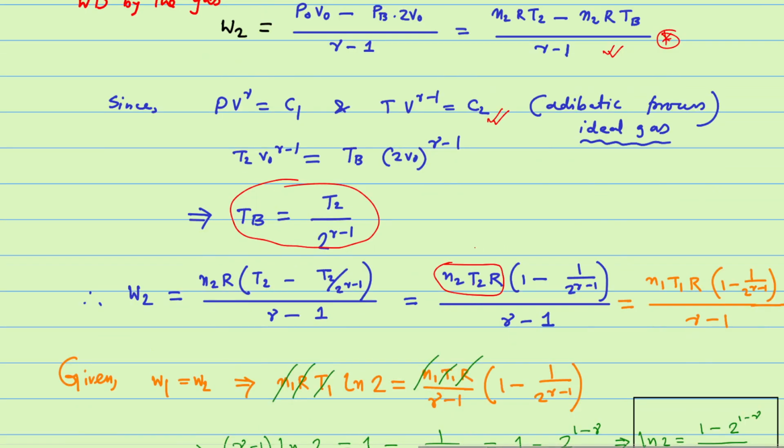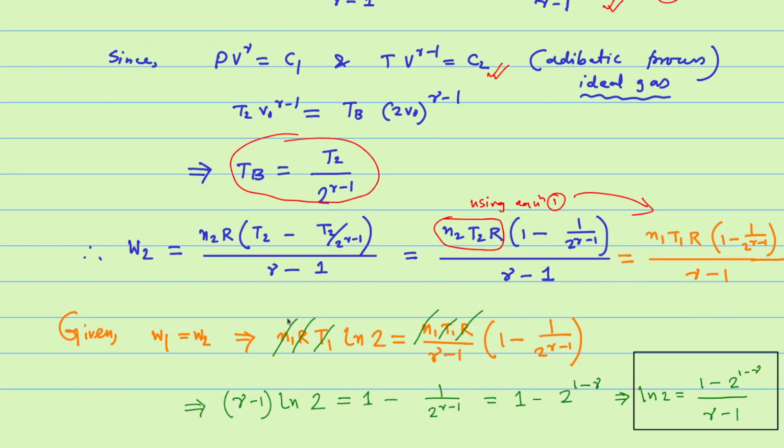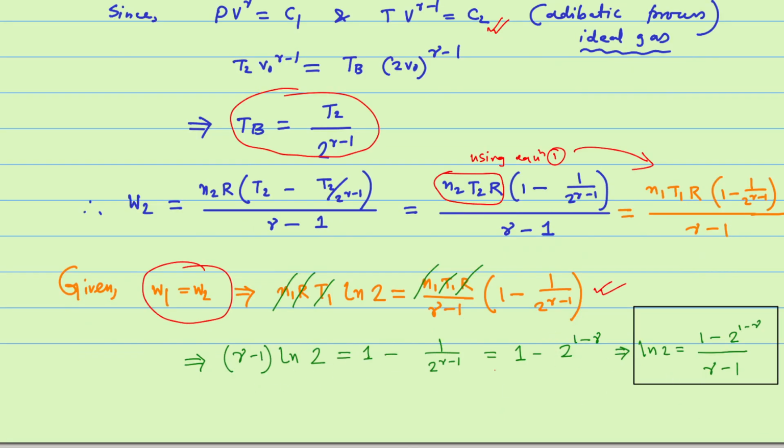Using equation 1, we get this, and after simplification, the main thing is the work done in both the cases is the same, W1 equals W2. After equating these two, with simple algebra, we get log 2 equals 1 minus 2 to the power 1 minus gamma, divided by gamma minus 1.